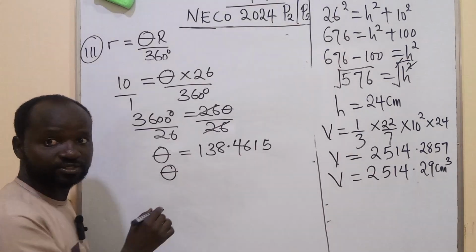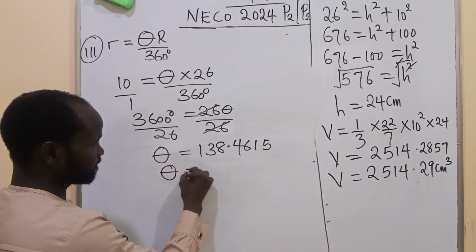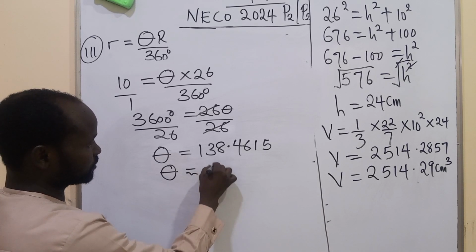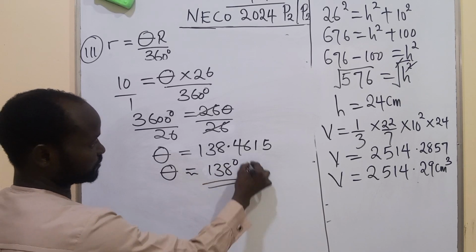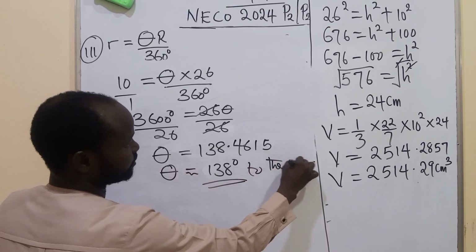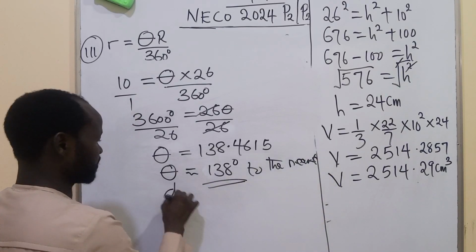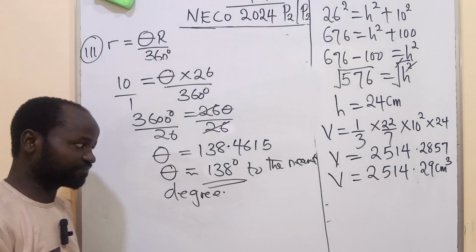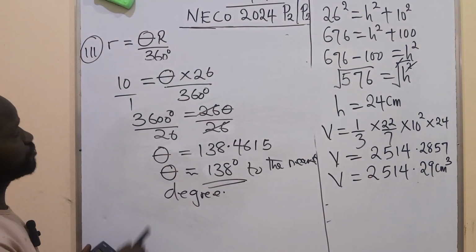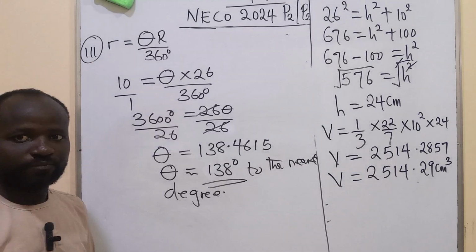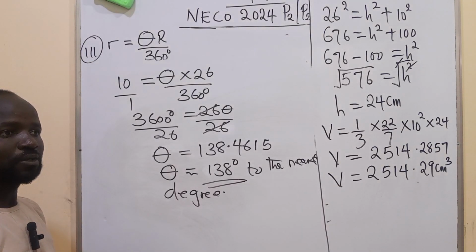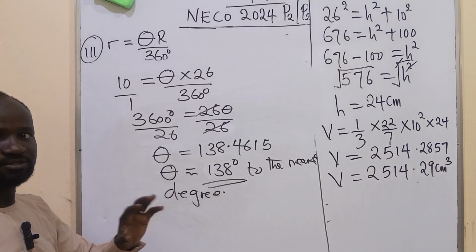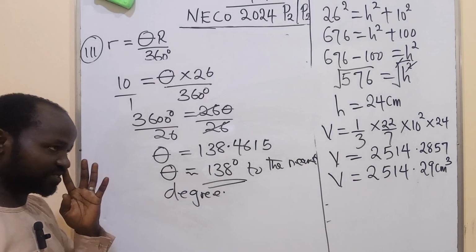Theta now to the nearest degree will be equals to 138 degree. So this is the solution to Roman numerals 3. The angle formed by the sector when you bend that cone is 138 degree. So this is the solution to this question.